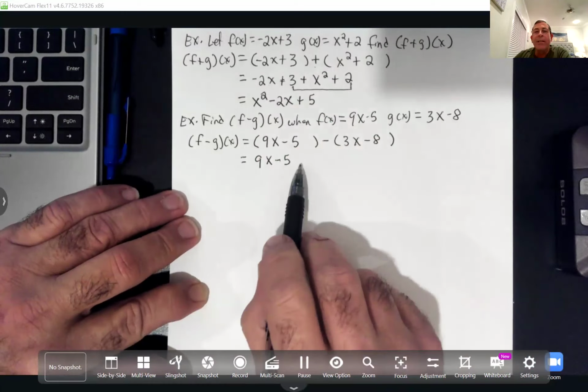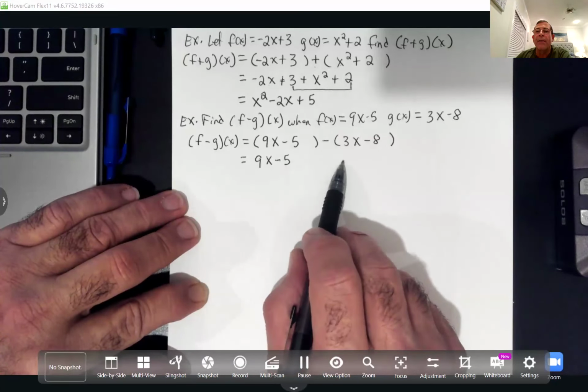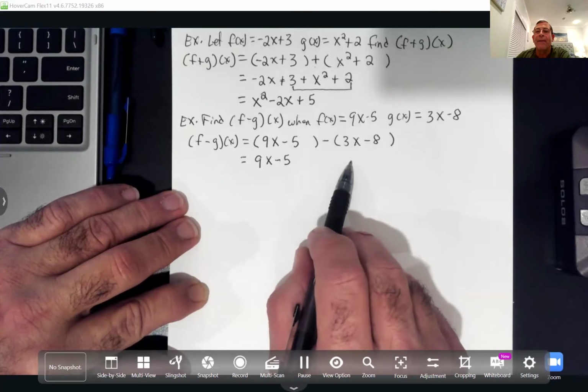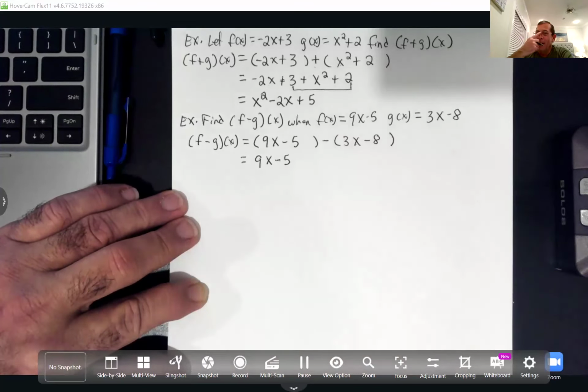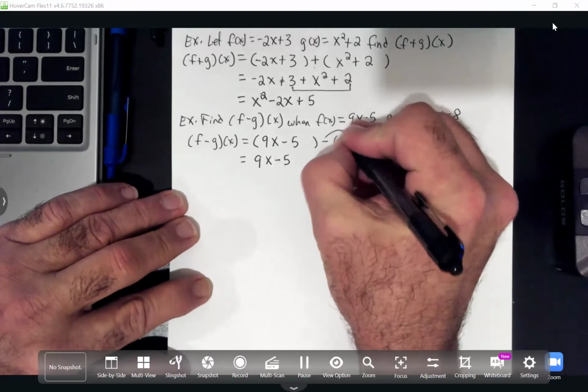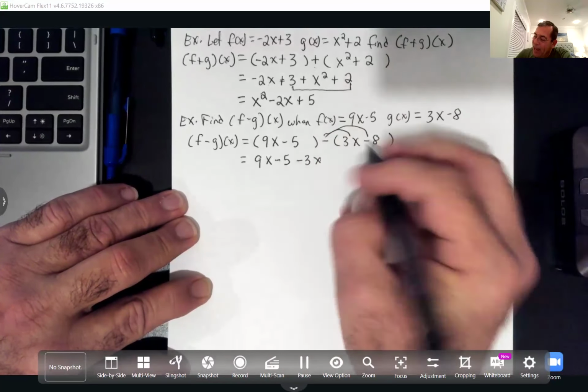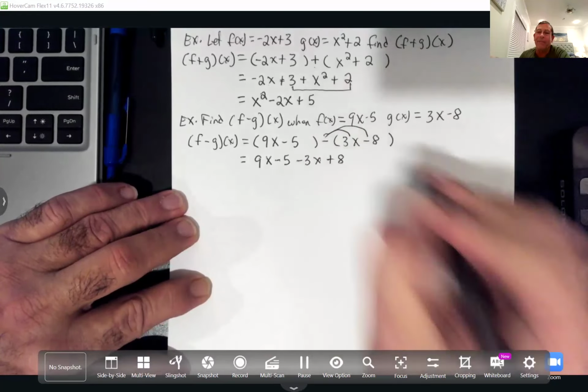So y'all, who wants to guess at the next two terms we would write here? Negative 3x plus 8. Negative 3x. Perfect. And then negative, negative, made that a plus 8.